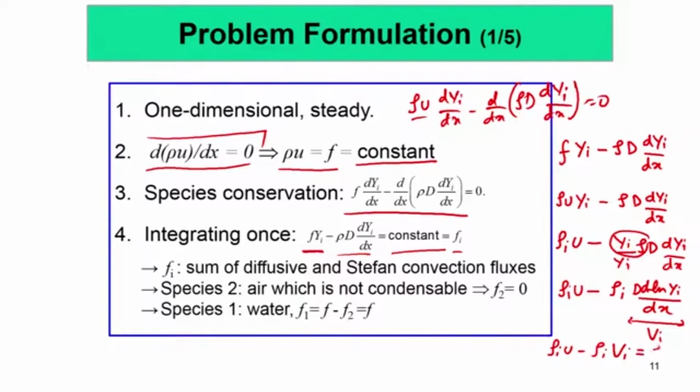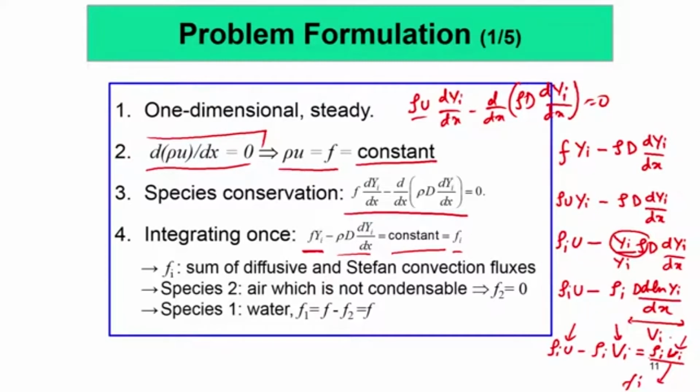That is nothing but rho I times uI, which is fI, the flux of the species I. This is the bulk velocity, this is the species diffusion velocity, and this is the species velocity uI or vI. So this rho I times vI is nothing but the species flux fI.